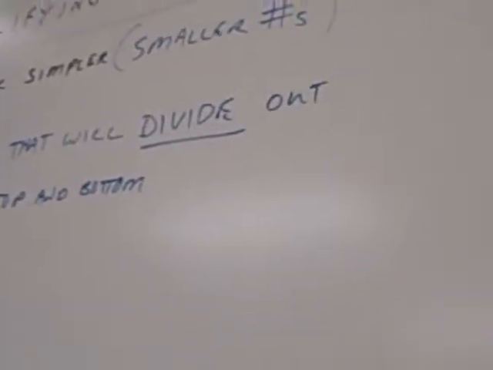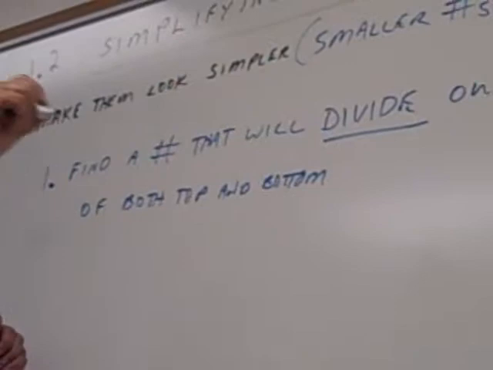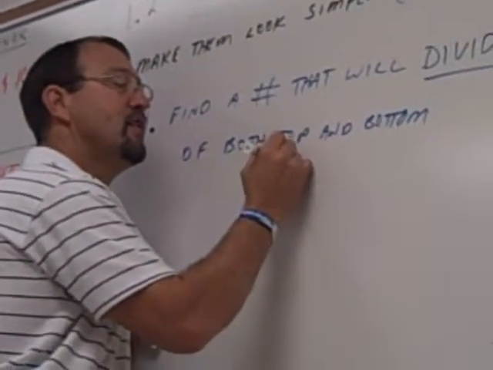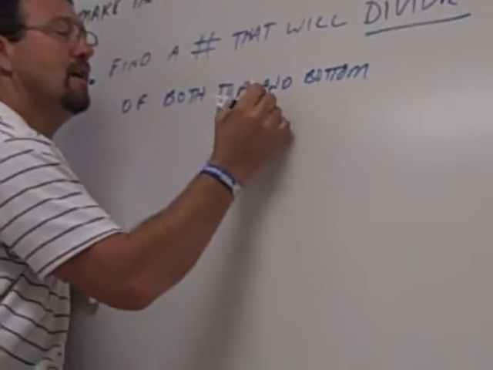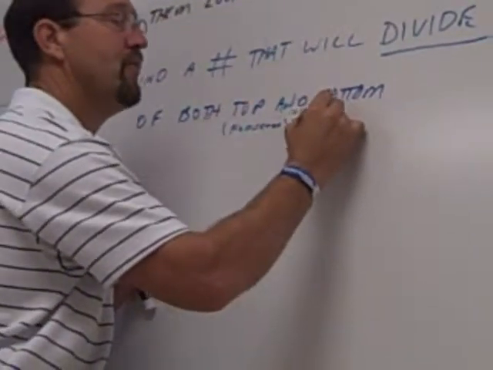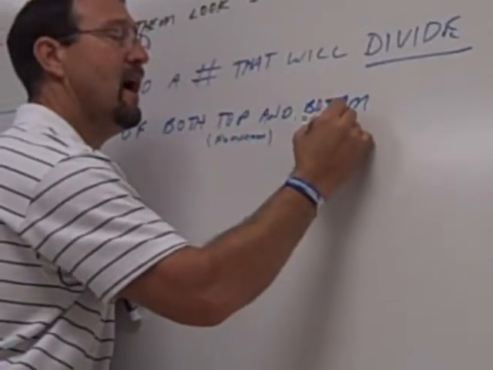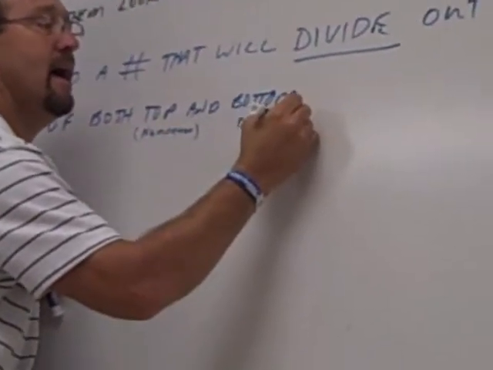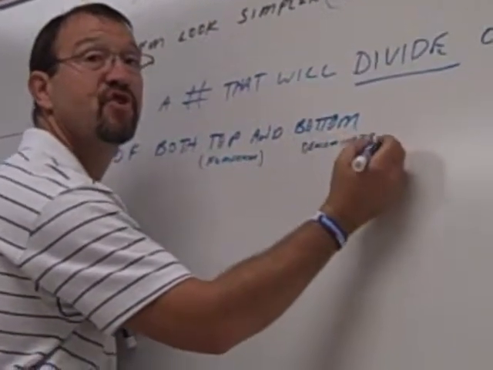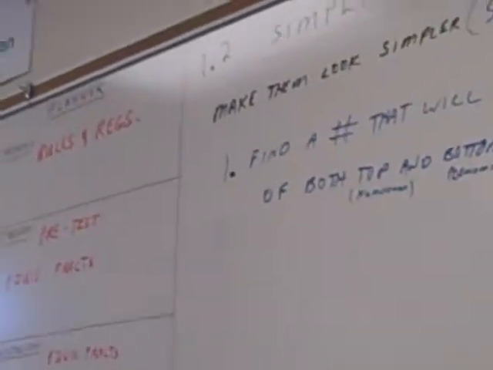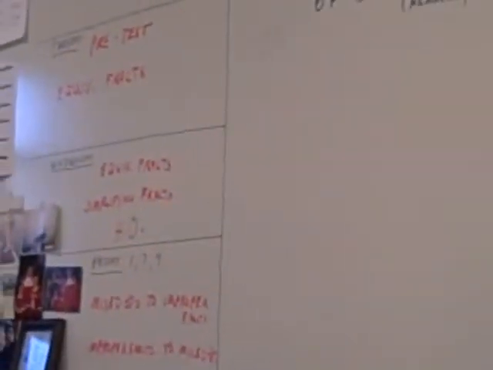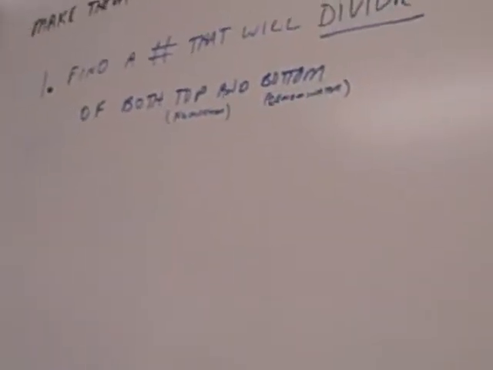Now, friends and loved ones and the rest of you that hate me, the top is called the numerator. The bottom is called the denominator. We need to know those words.